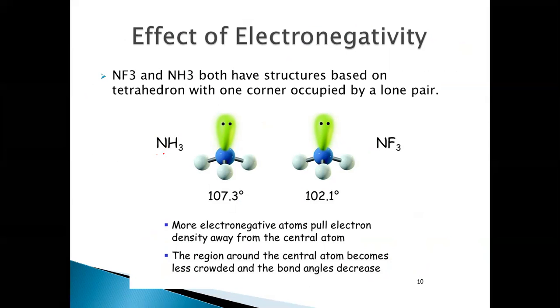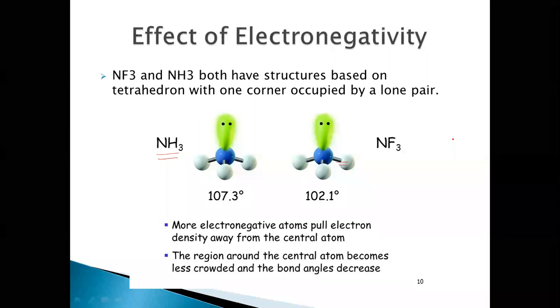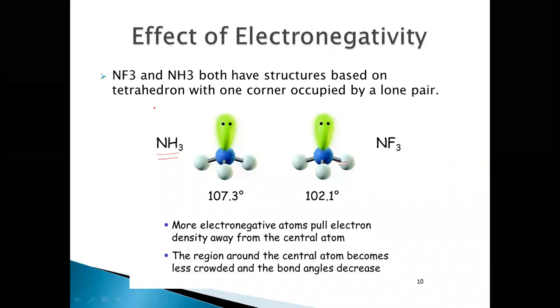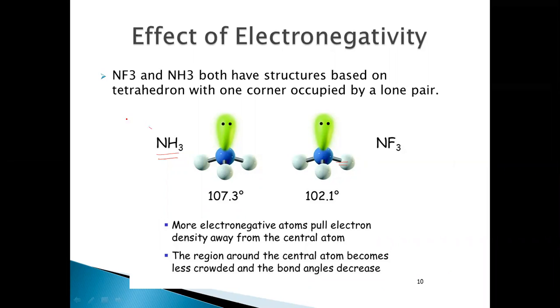So when we come to ammonia and NF3 here, both have the tetrahedral geometry. The steric number is 4 when you calculate, with the presence of one lone pair on both of these. So they are pyramidal in shape, but the bond angles are different.